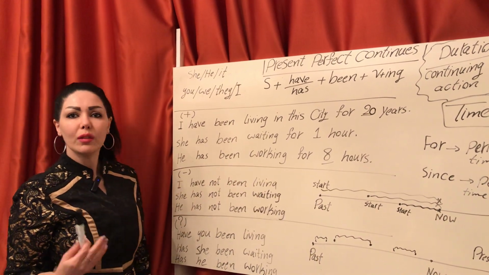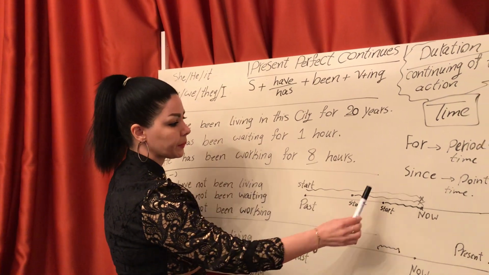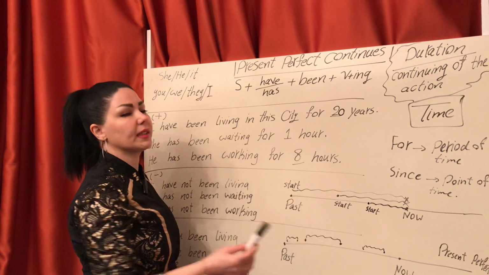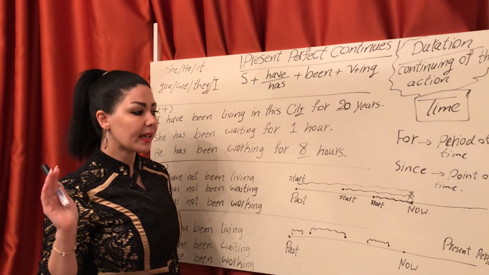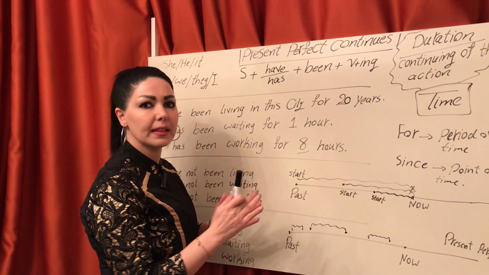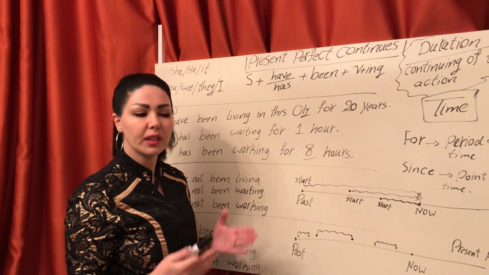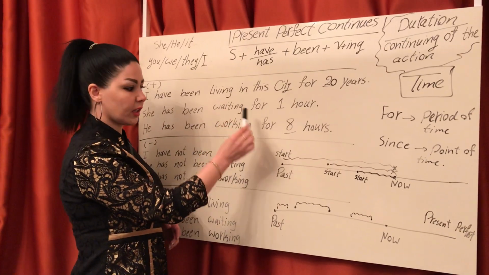So, when we use this tense, look at here. For this tense, we start something in the past, some action in the past, and continue until now. It means now we are doing that action. For example, here, living.